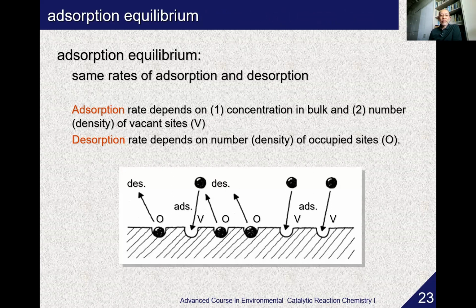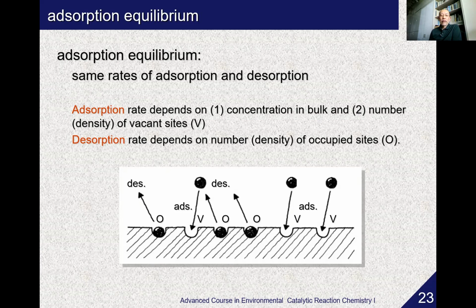Here we consider adsorption equilibrium, so the rate of adsorption and the rate of desorption are equal. This is equilibrium. Then, how are those rates of adsorption and desorption controlled?